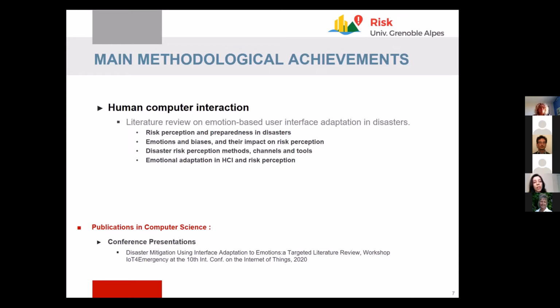And what channels and methods can help people improve their risk perception, and how can emotional state and emotional adaptation in human-computer interaction help the risk perception of citizens?